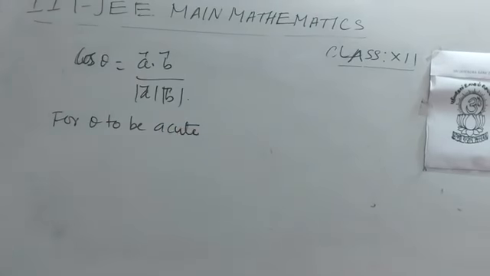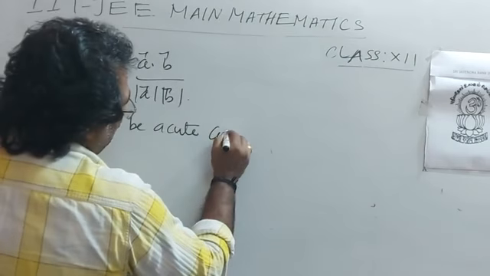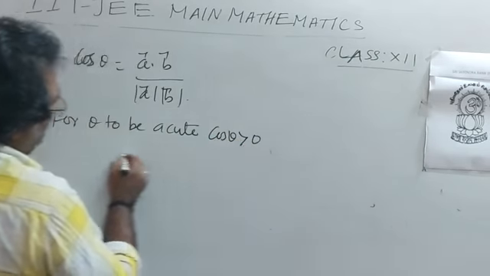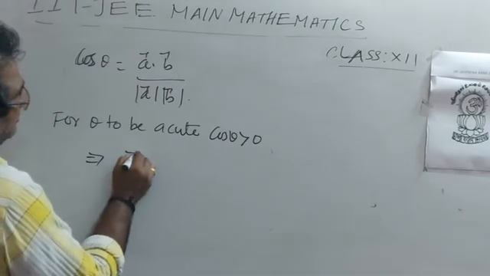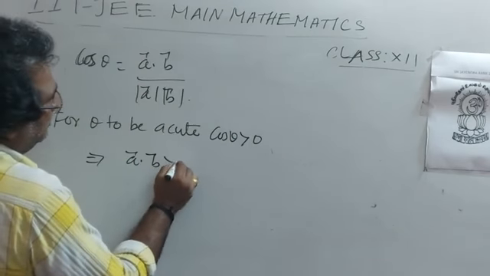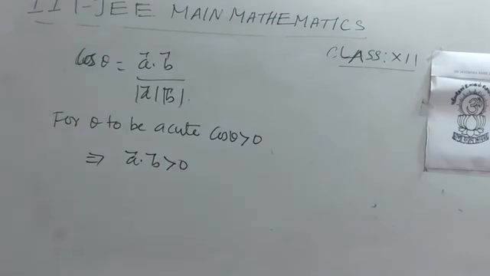For theta to be acute, cos theta greater than 0. That means A vector dot B vector greater than 0.